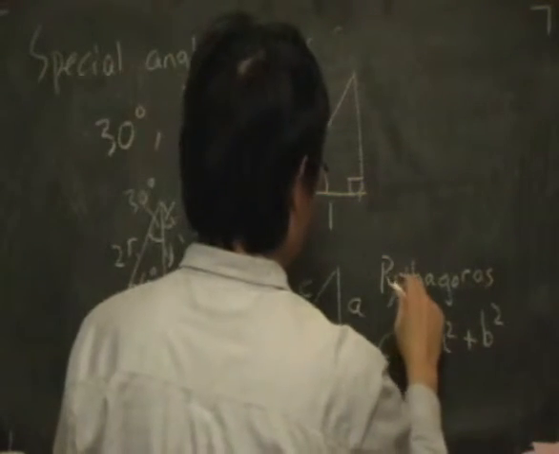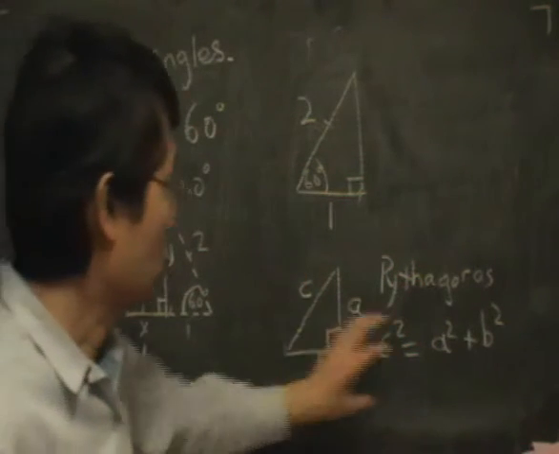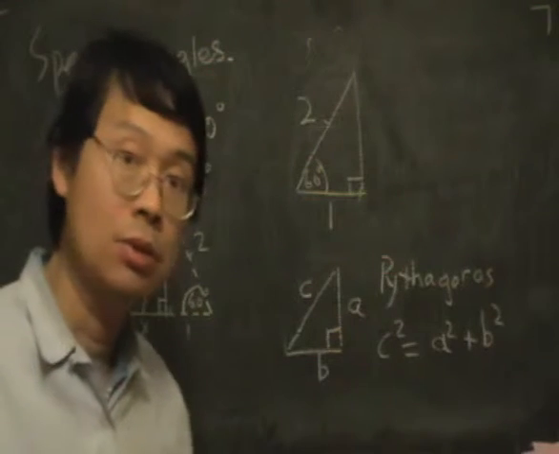Alright? So it's a formula for the sides of a right-angled triangle.